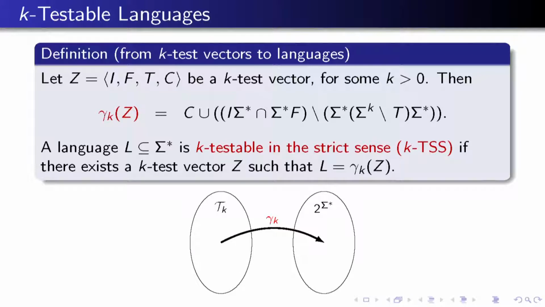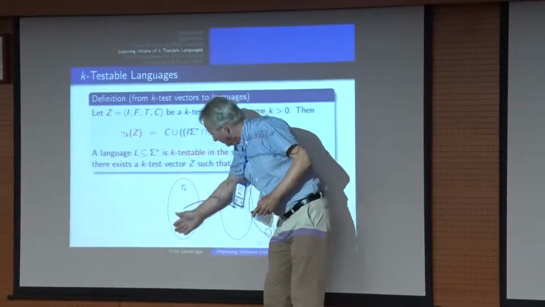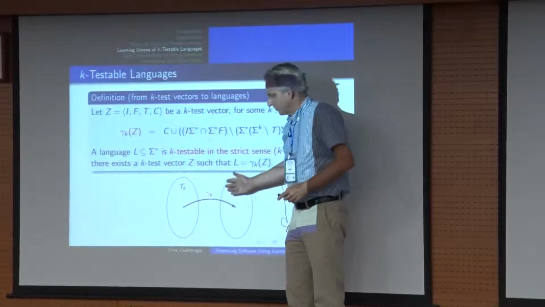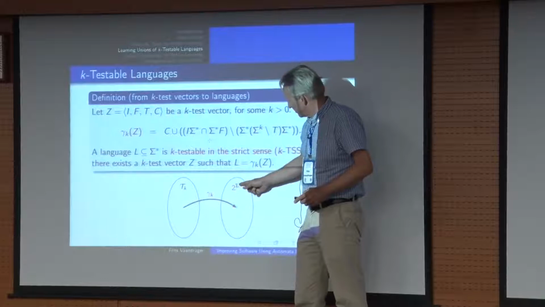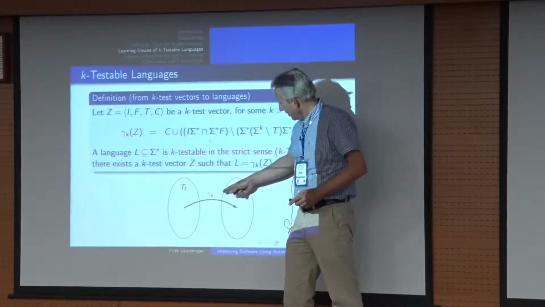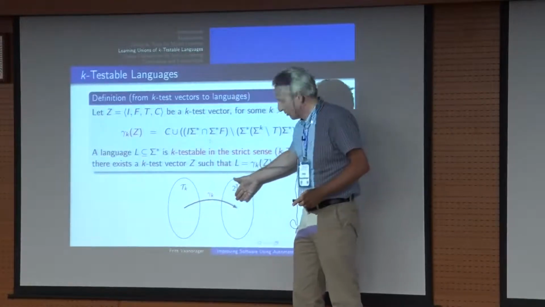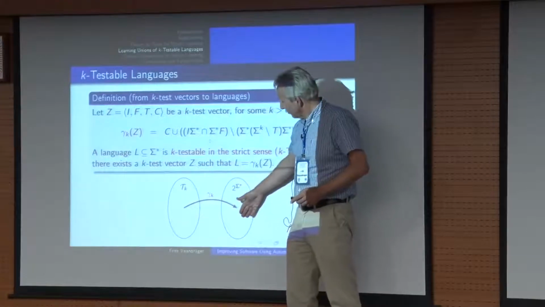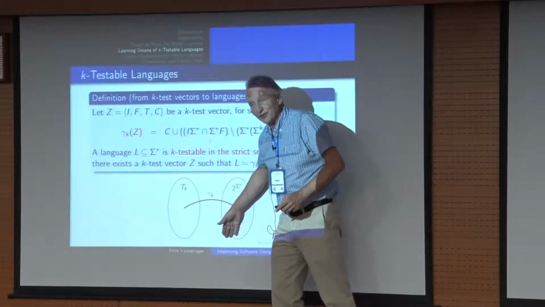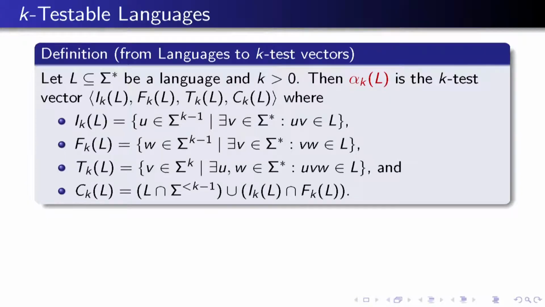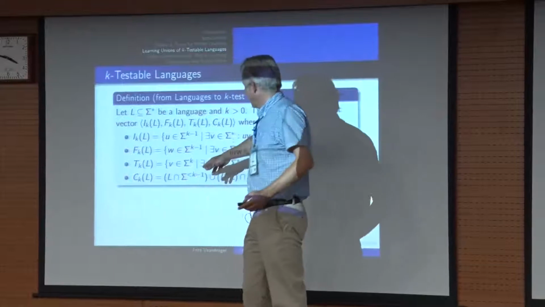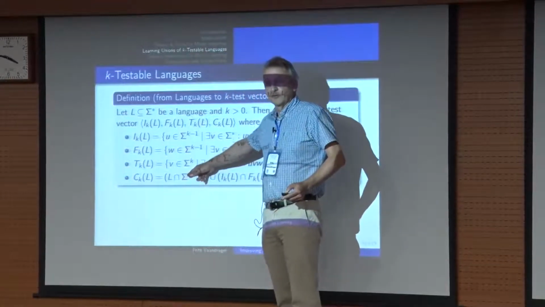Okay, so given a test vector, we can compute a language. And so we have 2 sets. There is the set of test vectors. There is the set of languages, the subsets of sigma star. And given a test vector, we can compute a language. Conversely, from any language, we can also construct a test vector. Because how can we do it? Well, the short sequences are just all the short sequences that occur in the language.